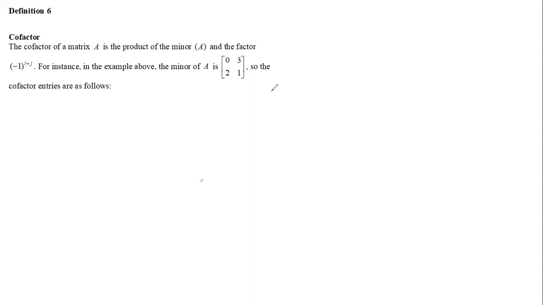What I'm saying is that if I have A11, if this is A, this is B, this is C, and this is D, if this is my 2 by 2 matrices and I want to find the cofactor, let's assume this is the minor of the matrices. Then I will multiply this minor by this sign.